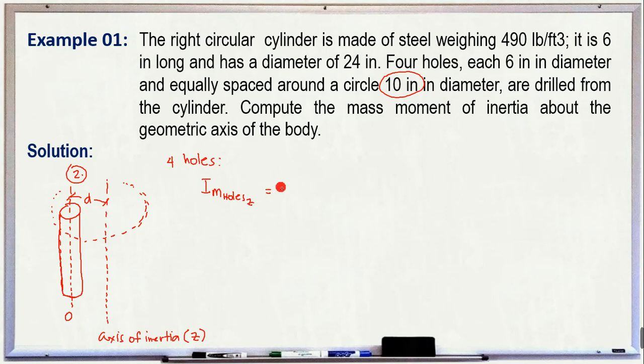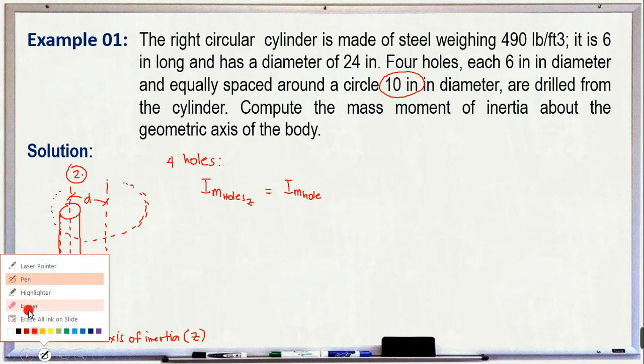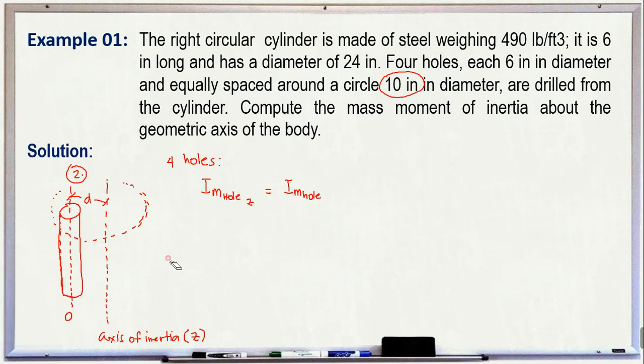So, the mass moment of inertia of the hole, we will not put an S yet to avoid confusion. So, the hole along the centroidal axis plus, again, the mass of our hole times the square of its distance.